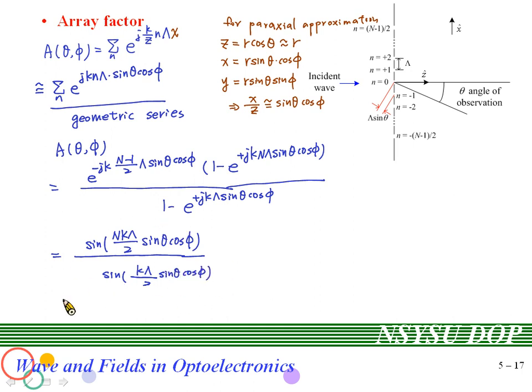And this will be the array factor we have defined here. Okay, so if you have more than one slit, the Fraunhofer diffraction pattern can be obtained by the Fraunhofer diffraction of the center slit times the array factor expressed in this way.